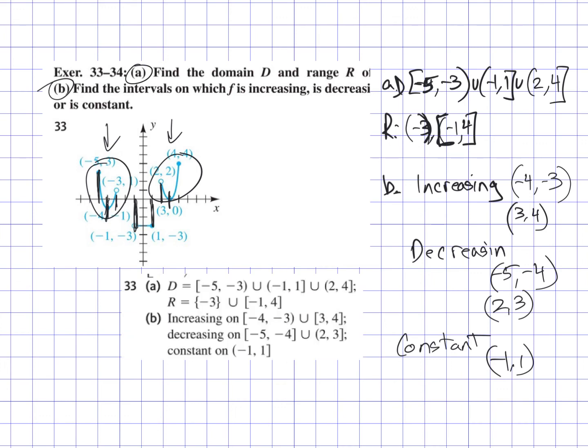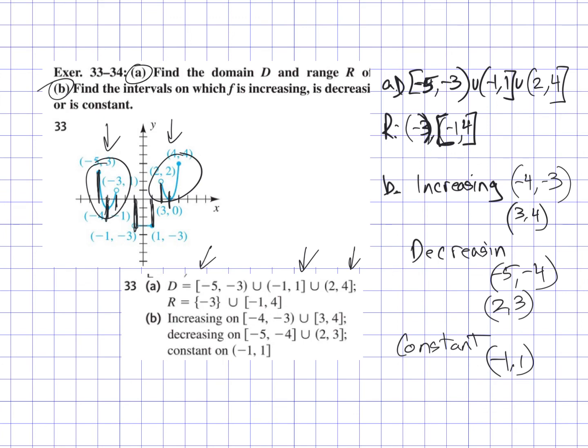Okay, so they use brackets when it was colored in, but that's really incorrect. So to stay consistent with your understanding that if it's colored in, it should be a bracket, that's in general what we're doing.